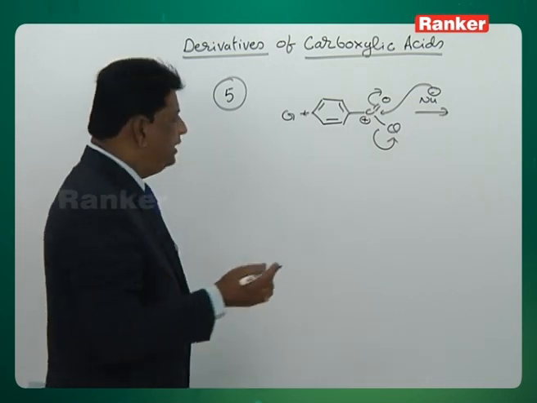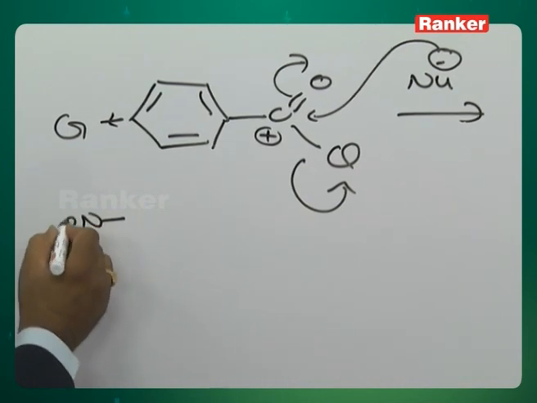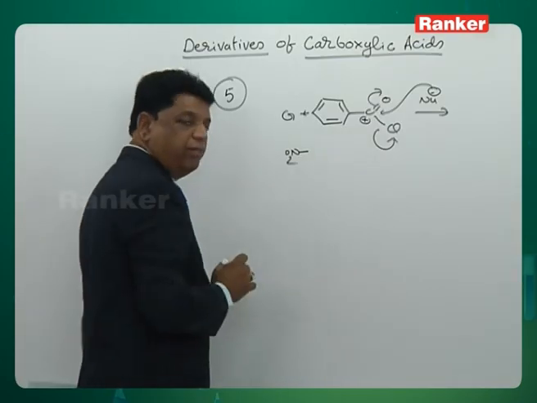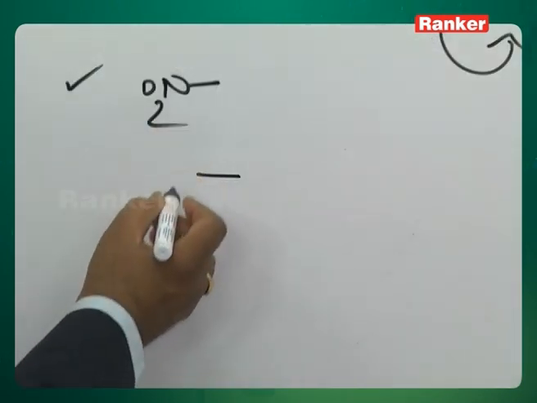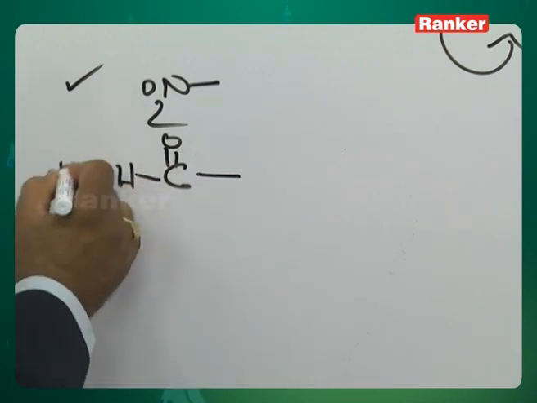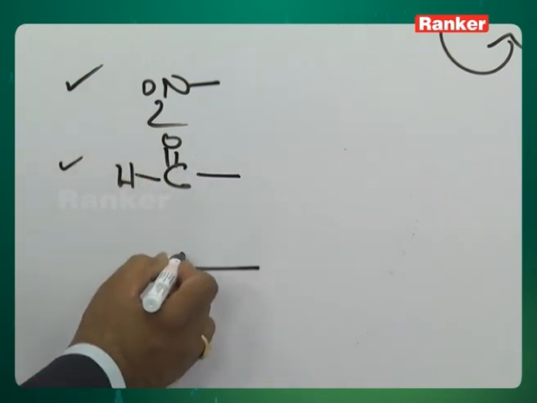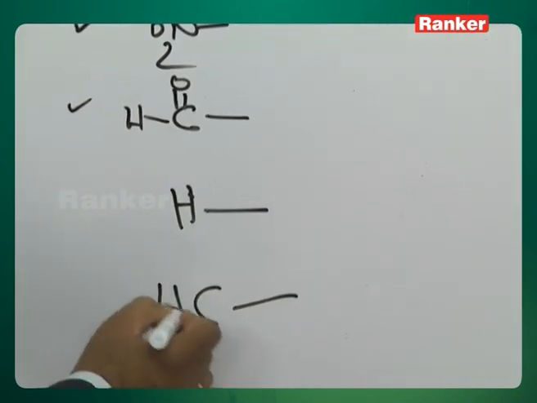Out of these, the nitro will be the best group to withdraw, NO2 will come number 1. So first the nitro group will be the stronger one, then comes the CHO aldehyde group, then comes the ordinary hydrogen, then comes the CH3.